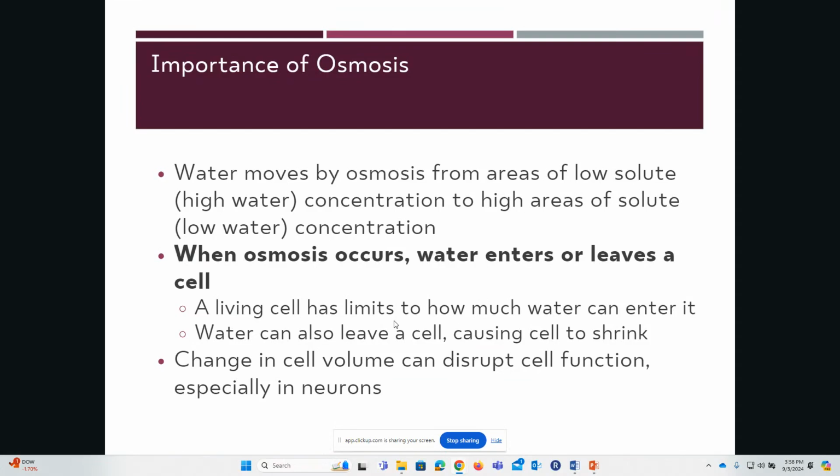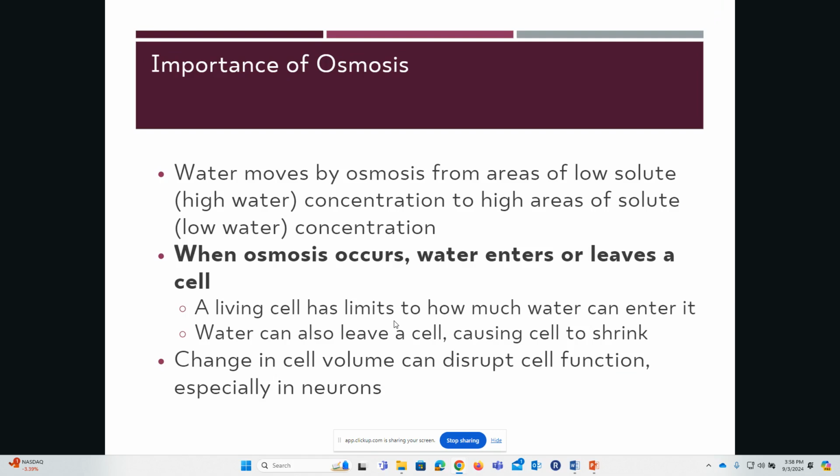So water, when it passively moves by osmosis, still moves from areas of high water concentration to areas of low water concentration. But sometimes that's written as water moves by osmosis from areas of low solute concentration to areas of high solute concentration. But that implies the high to low water concentration movement.